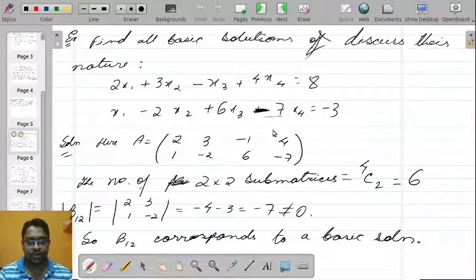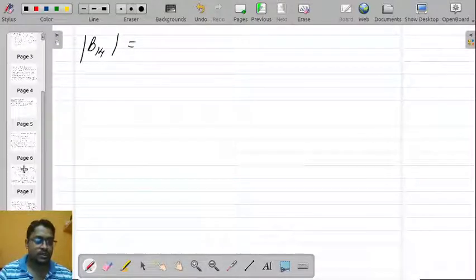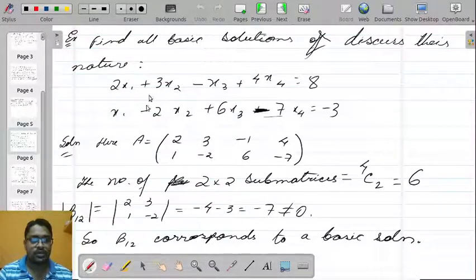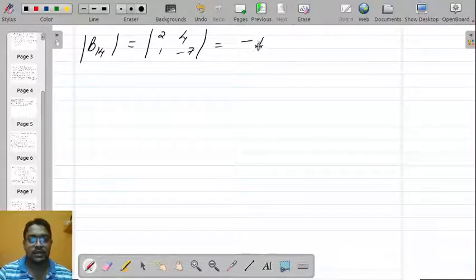If I select 1 and 4, in that case what will happen? If you go to B14, this determinant is [2 1; 4 -7], so the determinant is minus 14 minus 4, that is minus 18, which is also non-zero.